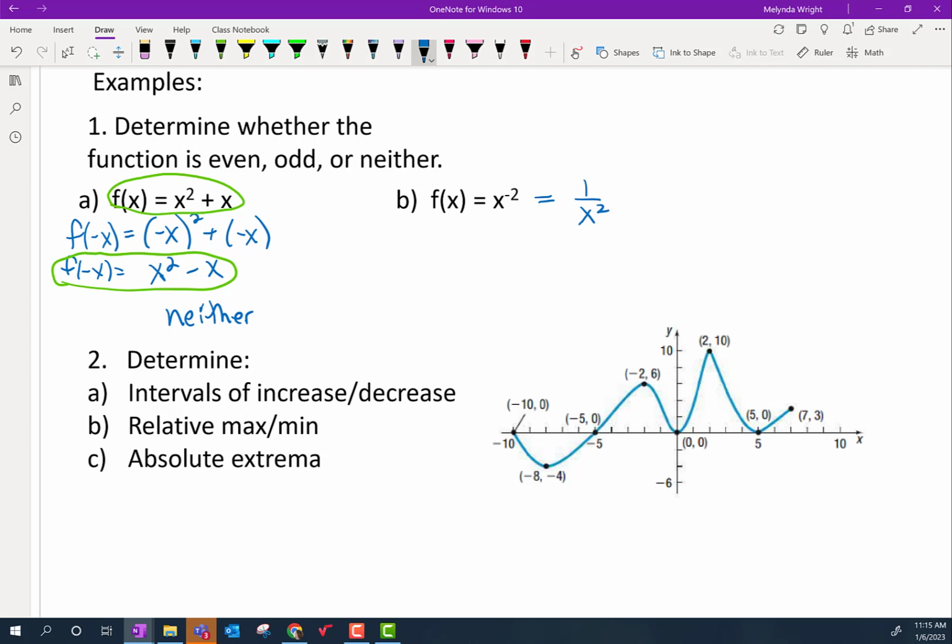All right, now let's do our test. f of negative x is 1 over negative x squared, which simplifies. Okay, so I turned out with the same thing I started with. We're exactly the same. That means this one is even.